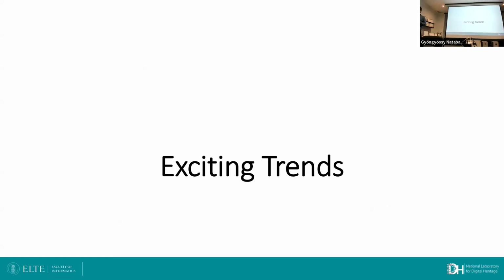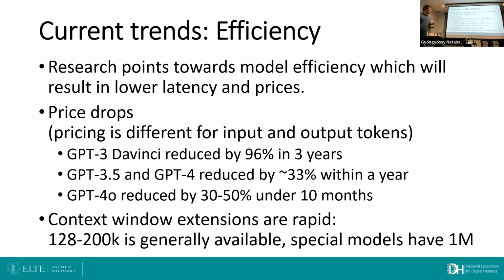So before we get to the hands-on session, I will try to excite you with some exciting trends. One of them is efficiency of these large language models. Price drops are really crazy. So GPT-3's Da Vinci, which was released 3 or 3.5 years ago, dropped by almost 100% in price.